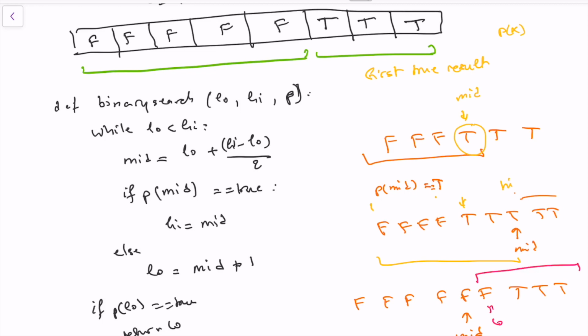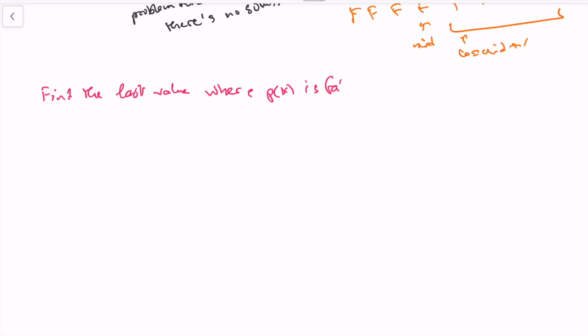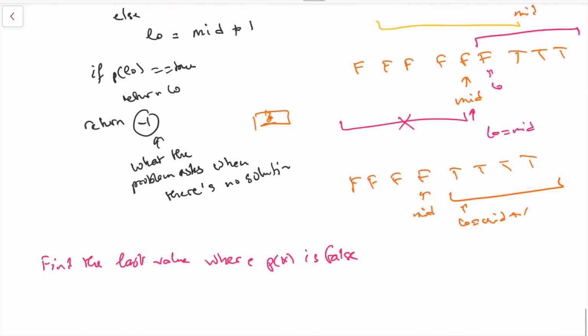Maybe the question you got asked is, instead of that, find the last value where some predicate is false. At that point, only a slight change needs to happen, which is that now we are looking for false values, right?